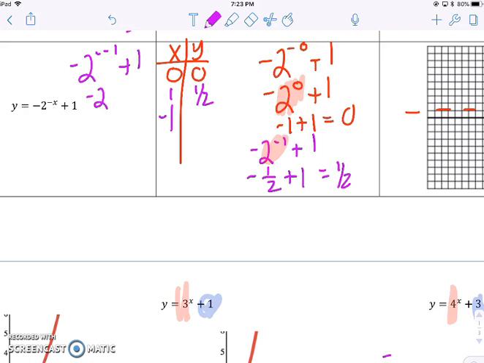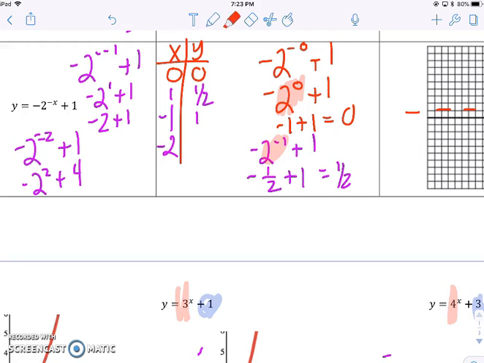So that'd be negative 2 to the first plus 1. So negative 2 plus 1 is negative 1. What about negative 2? Negative 2 to the negative negative 2 plus 1. Oh, to the opposite of negative 2. So that's negative 2 squared plus 1. So again, that's 4. So negative 4 plus 1 is negative 3.